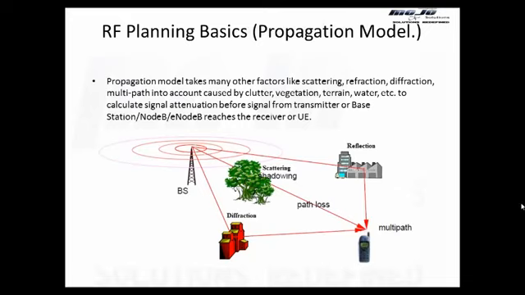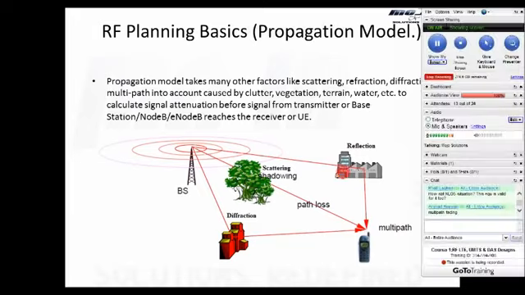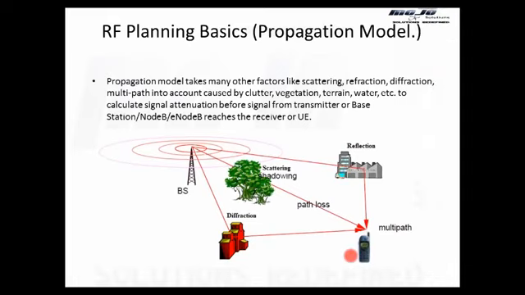Multipath fading. Okay, now what is multipath fading? Fading basically happens when there is multipath. Now, if the signal at the receiver does a constructive interference, it will gain.